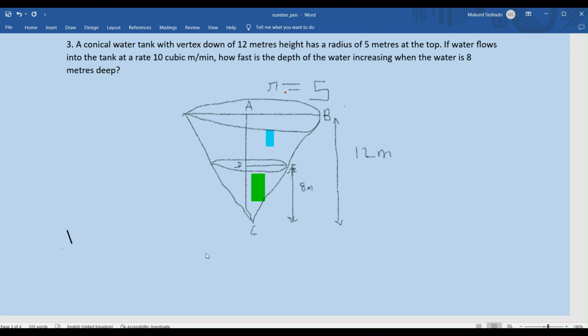So we have a cone. We have the volume of the cone is 1 by 3 into pi into r square h, right? We have been given dv by dt, which is 10 cubic meters per minute, and we have been asked to find dh by dt.